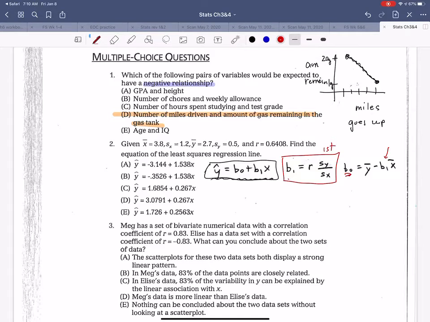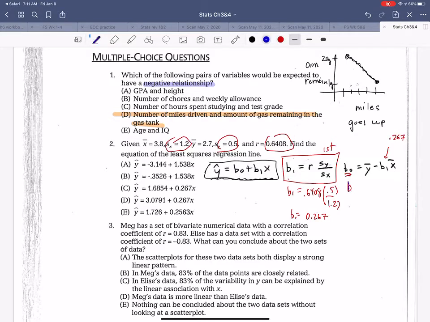Okay, so B1 is R, so I have that, 0.6408, times S sub Y over S sub X, 0.5. And now I'm just going to crunch some numbers. Nice. And so I get B1 is 0.267. Now I know what B1 is, and so now I can find B naught.